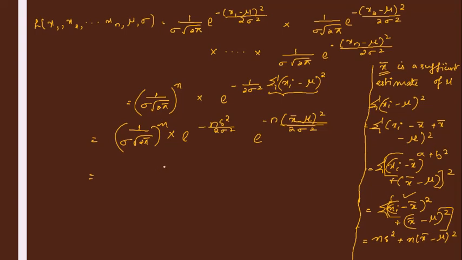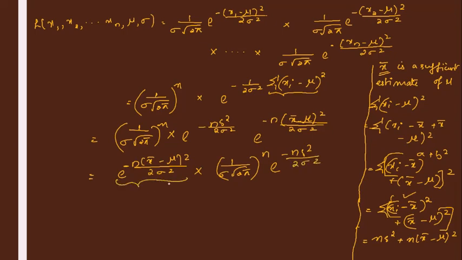So I'm going to write this as e raised to minus n into x bar minus mu the whole square divided by 2 sigma square, multiplied by 1 by sigma root 2 pi the whole raised to n e raised to minus s square divided by 2 sigma square.